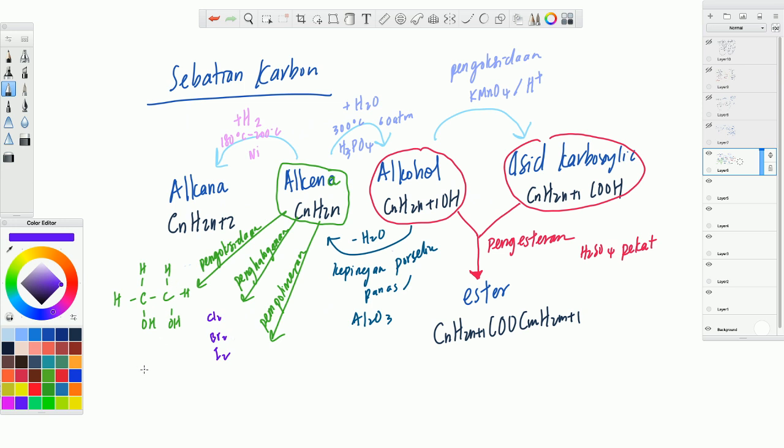Contohnya penghalogenan dengan bromin, di sini kita menjadi 1,2-dibromoetana.